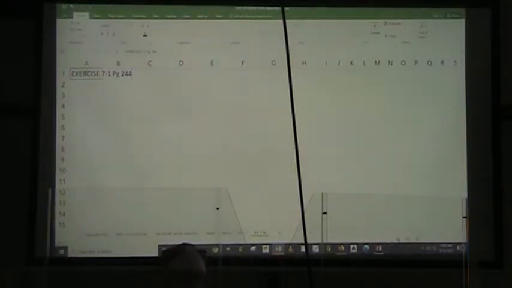All right. Now, arrange things a bit better. All right, so on page 244, we have a table of how we're going to do a project.